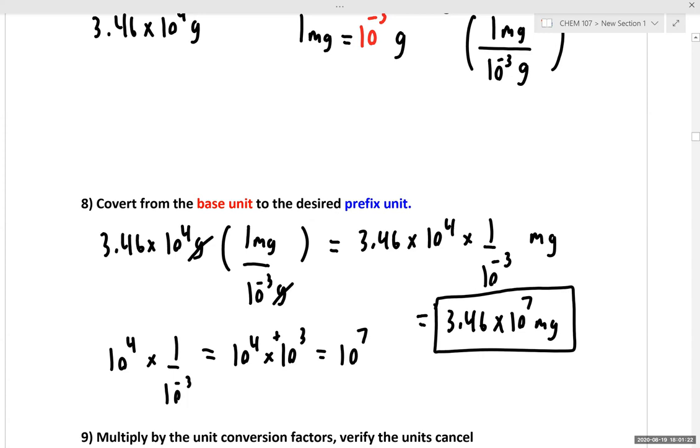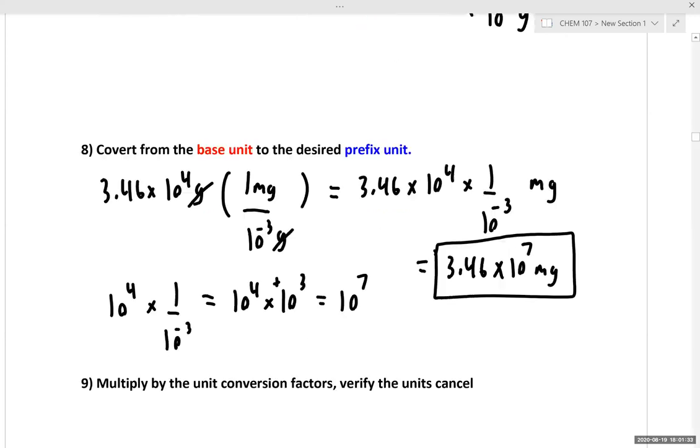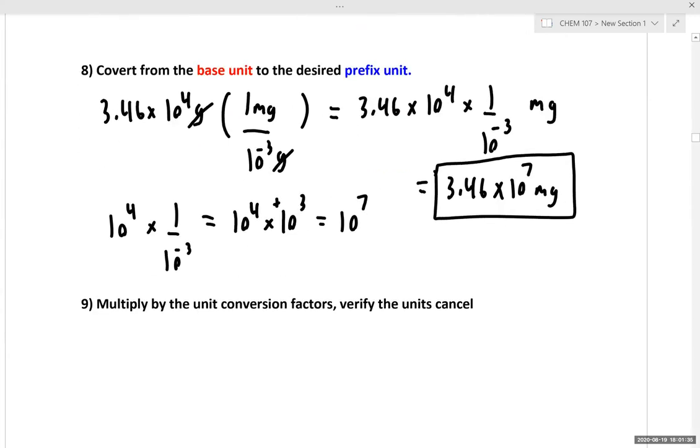Now, as you get more experienced with these unit conversions, I would highly recommend trying to do these unit conversions in one line. So let me show you an example of a one-line conversion. If we have 3.46 times 10 to the first kilograms, we know that we have 10 to the third gram per kilogram. Kilograms cancel.